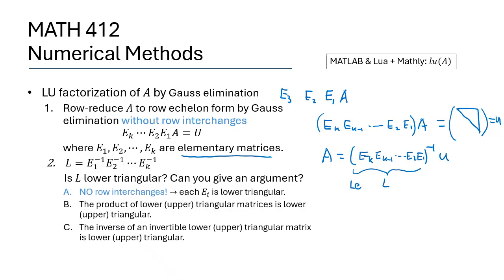Let L be this, and that will be equal to, if you remember, this is covered in linear algebra, E sub 1 inverse, E sub 2 inverse, up to E sub k minus 1 inverse, E sub k inverse. Then that will be LU, and we know U is upper triangular.